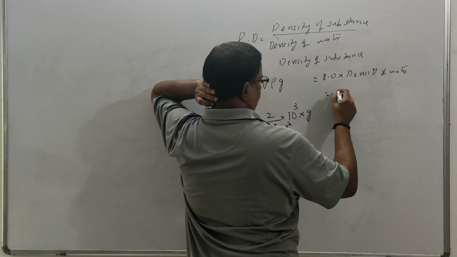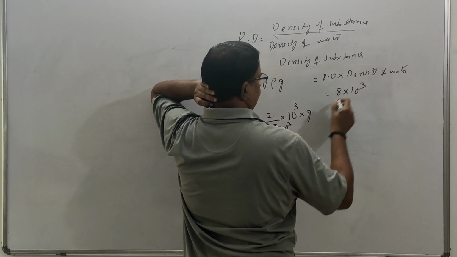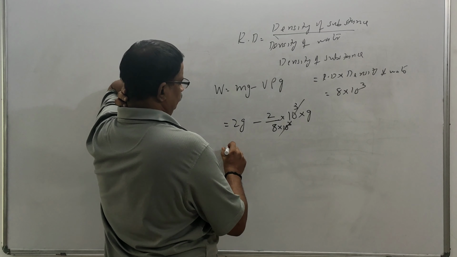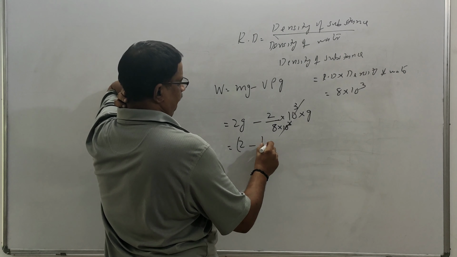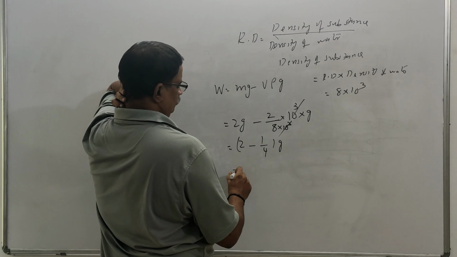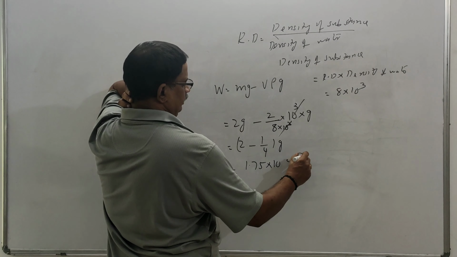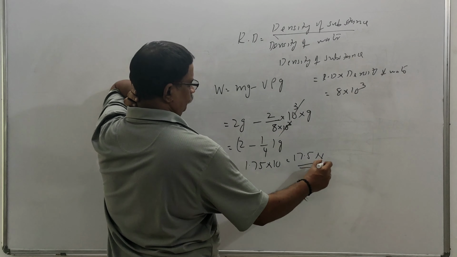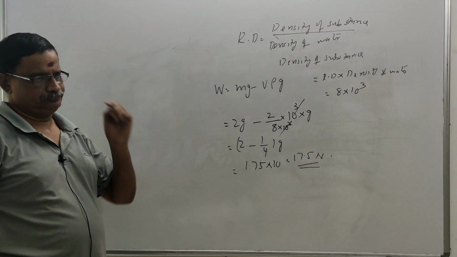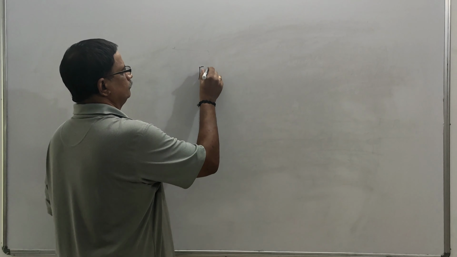So this should be 8 into 10 cube. So the cancel I put. So this will be 2 minus 1 by 4 into g, which is 1.75 into 10, 17.5 Newton. That is the force which you have to apply. Next is flotation.